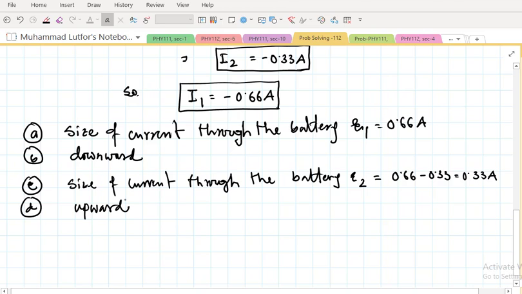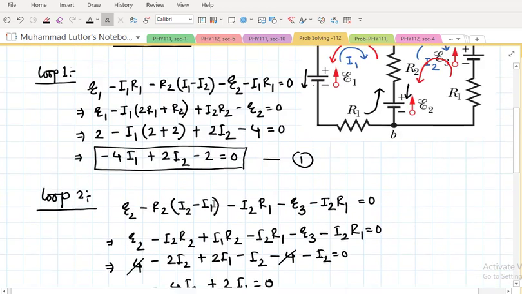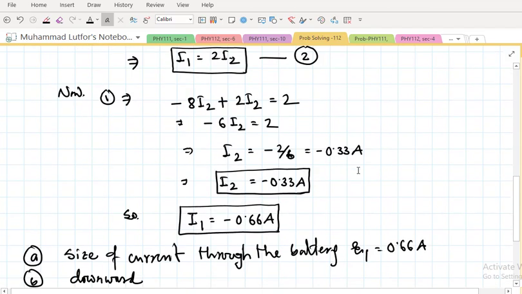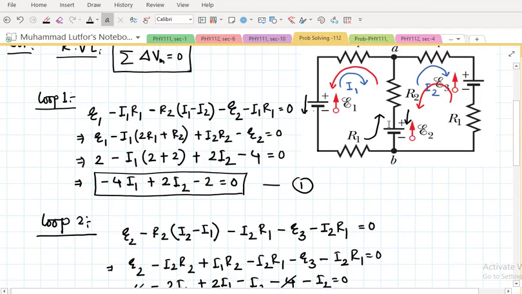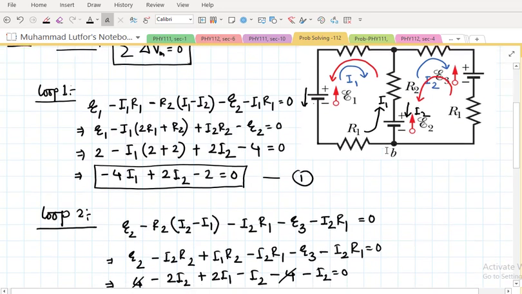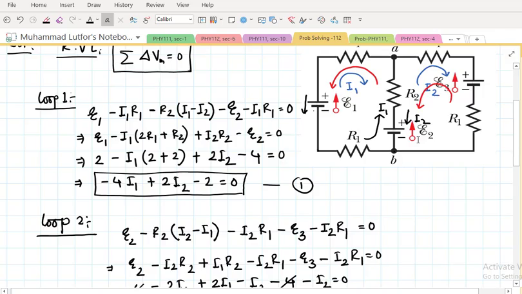Why is it upward? Because your 0.66, which is I1, is in the upward direction. This is the actual direction of I1, and this is the actual direction of I2. So I1 is higher than I2 over here, so that's why the net current would be towards the upward direction.